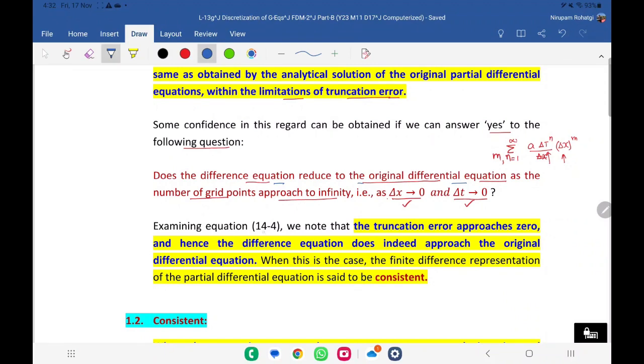Examining equation 14.4, we note that the truncation error approaches 0, and hence the difference equation does indeed approach the original differential equation. Now this one has to see, because fortunately you have a factorial division.